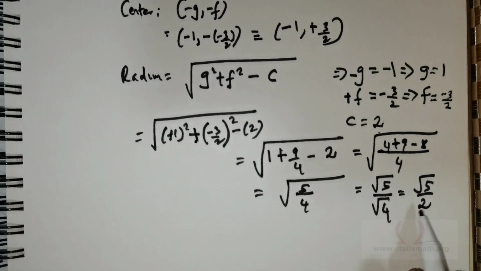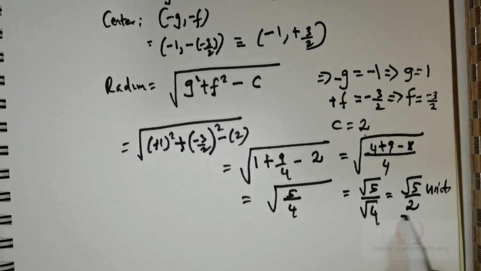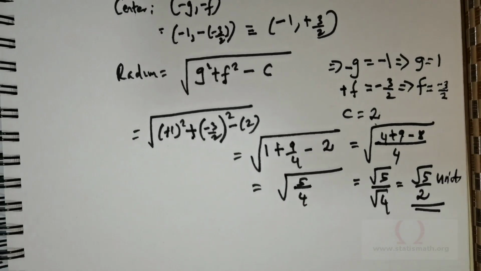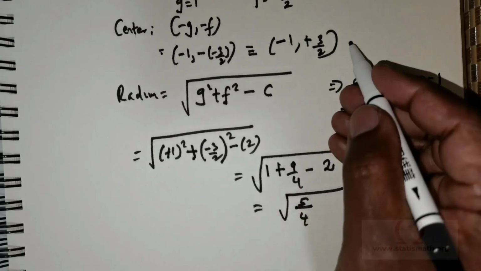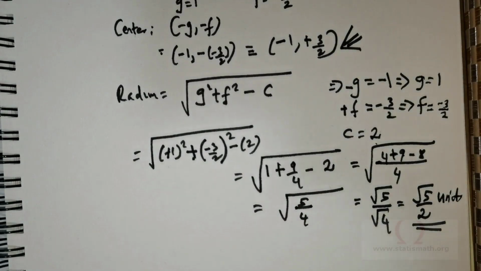So this is the radius in units. So I've got the radius, the center is also got, and that completes the result of this question.